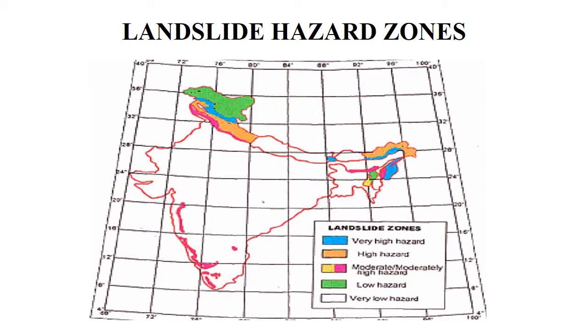In India, the landslide prone areas are mostly in the northeast and towards the west coast, right? So this is a map which shows the various regions where landslide hazard ranking has been given, whether it's high or low. So this is what is landslide hazard zonation.